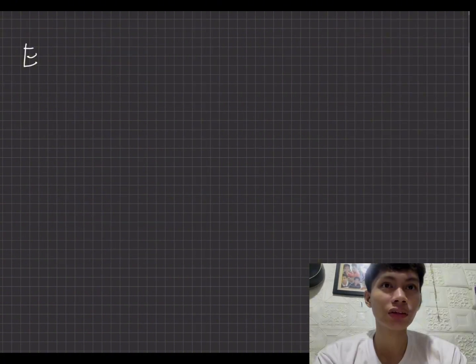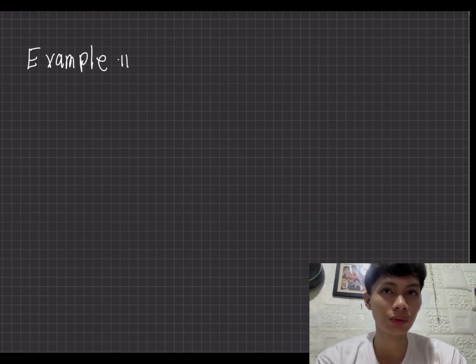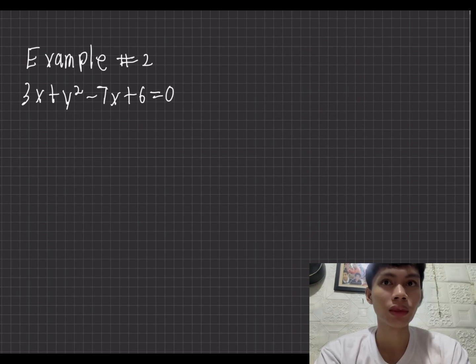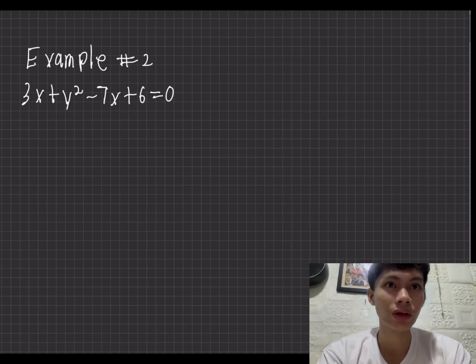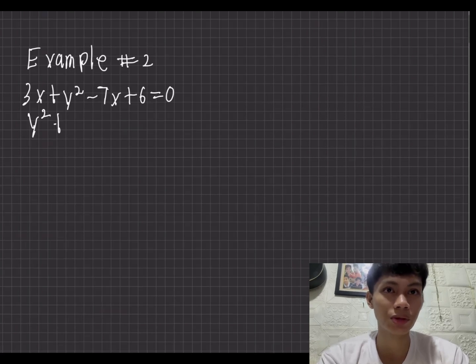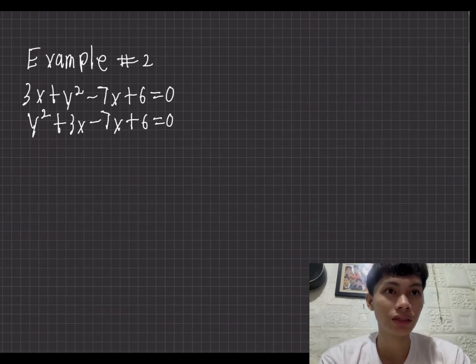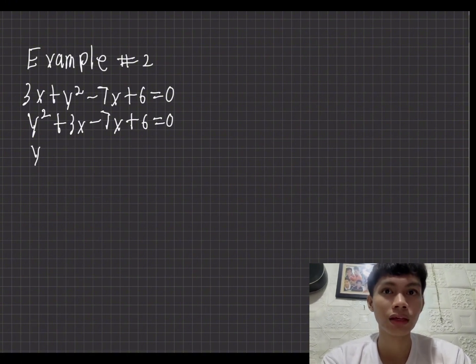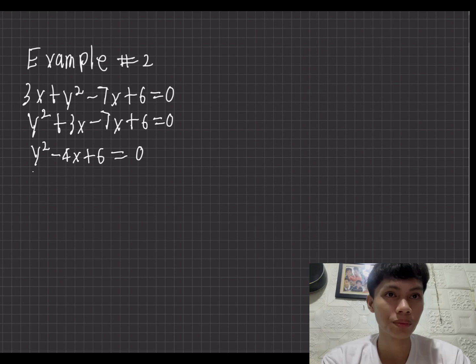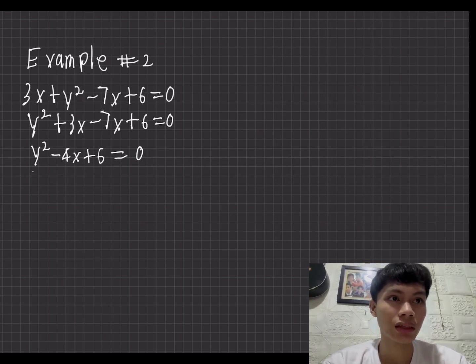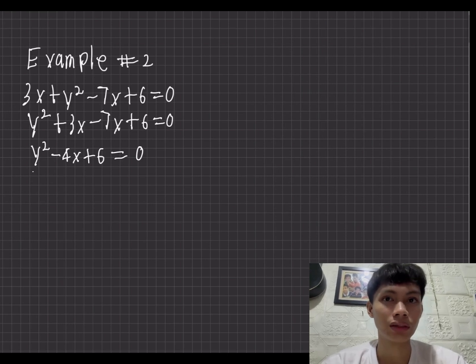For the second example, we have 3x plus y squared minus 7x plus 6 equals 0. So we need to arrange the equation. The quadratic comes first, so y squared comes first, then followed by positive 3x, then minus 7x plus 6 equals 0. Copy y squared, then combine 3x and 7x: 3 minus 7 is negative 4, so negative 4x.